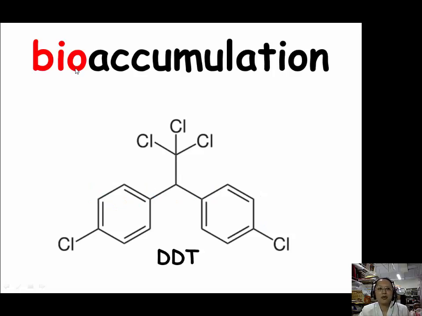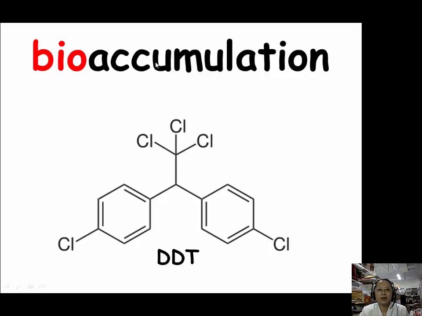Let's see our examples. For bio, we have bioaccumulation. Bioaccumulation is a process by which substances accumulate in the tissues of living organisms, used especially of toxic substances that accumulate through a food chain.